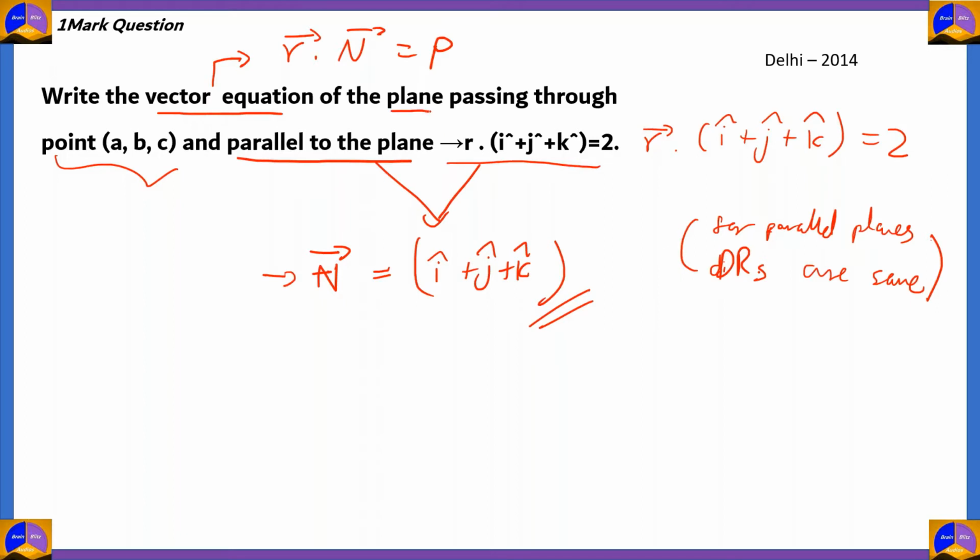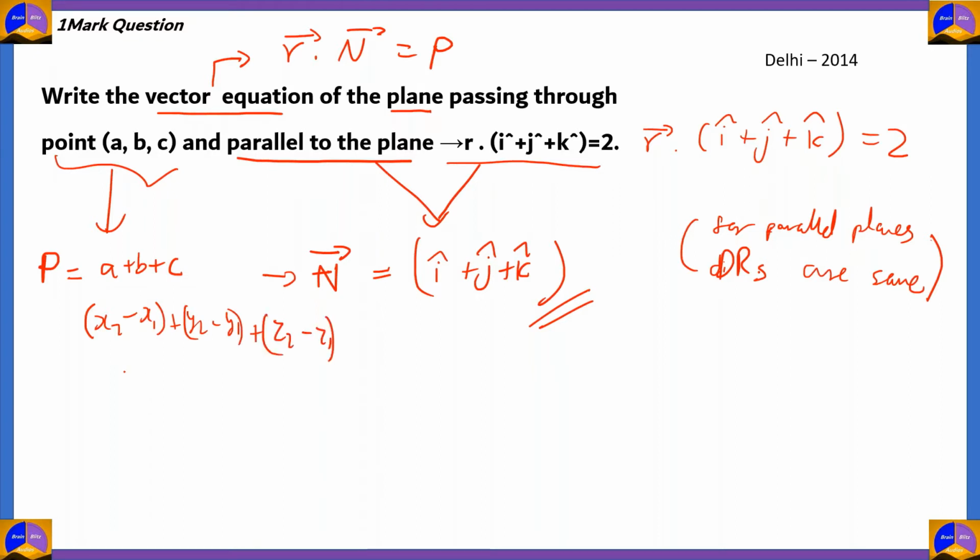The plane in question is passing through the point (a, b, c). So the constant p will be equal to a + b + c. And the reason why is we're using the form (x2 - x1) + (y2 - y1) + (z2 - z1).